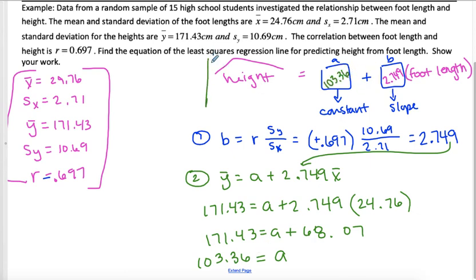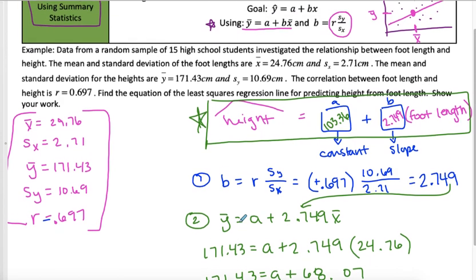So when I look at my least squares regression line, here's my equation. The predicted height is equal to 103.36 plus 2.749 times our foot length. This is the overall equation. We had to use first our slope, then our averages to find the constant.